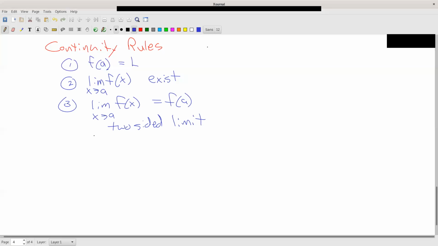And a 2-sided limit means on the left it looks good and on the right it looks good. So limit as x approaches a on the left side has to equal the limit as x approaches a on the right side. And both of those have to be actually equal to the function value that we hope exists. Right?